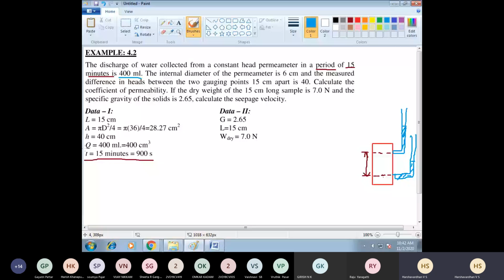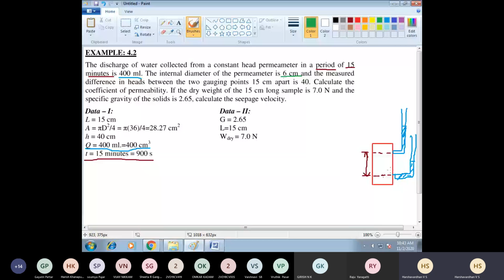Now the internal diameter of the permeameter is 6 centimeter. They have not given the area of soil here. The cross section of the permeameter is nothing but the cross section of soil.